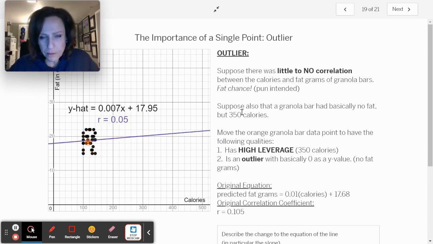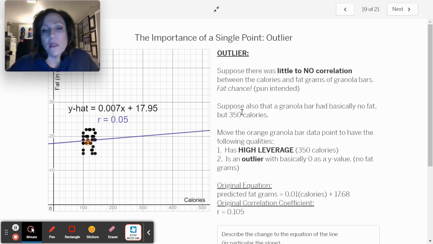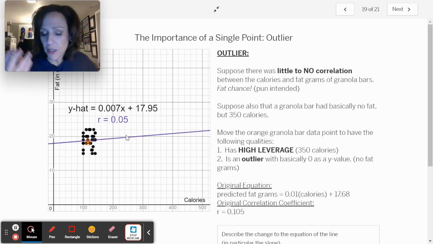All right, now suppose, so here we have little to no correlation, that we have this granola bar. There's a magical granola bar. Maybe it was made in the Willy Wonka chocolate factory. Whatever. It basically had no fat, but 350 calories.